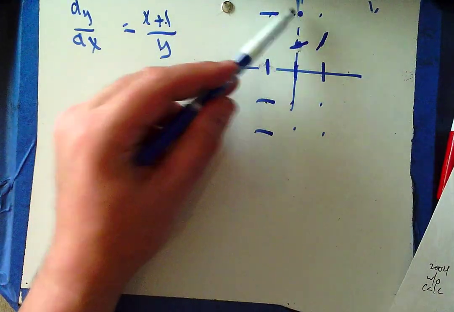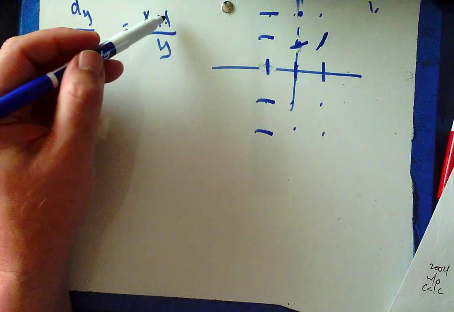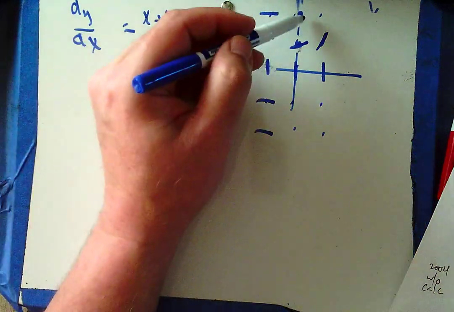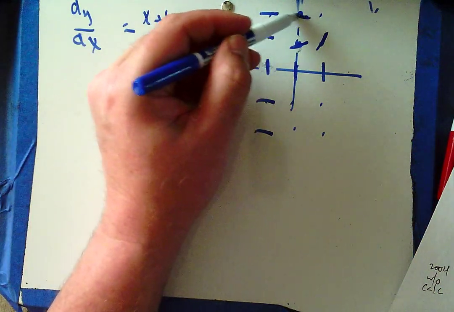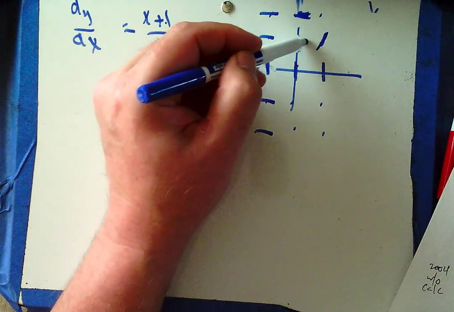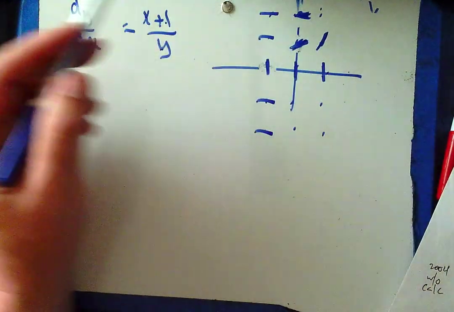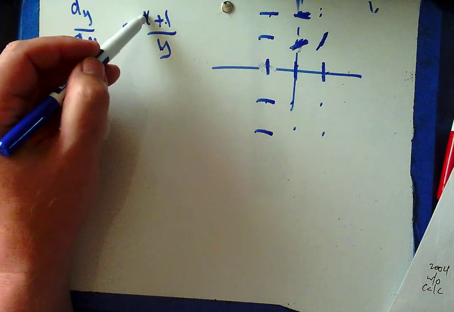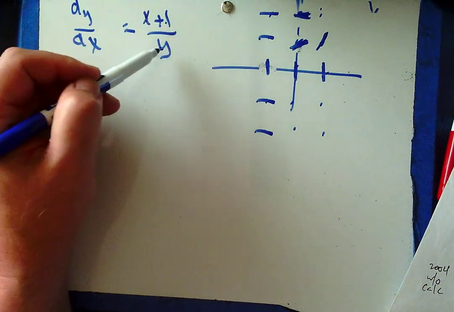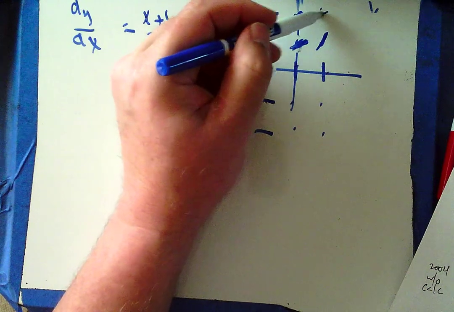And then if I put in 0, 2, I get 1 half. And if I put in 1, 2, I get 2 over 2 or 1.